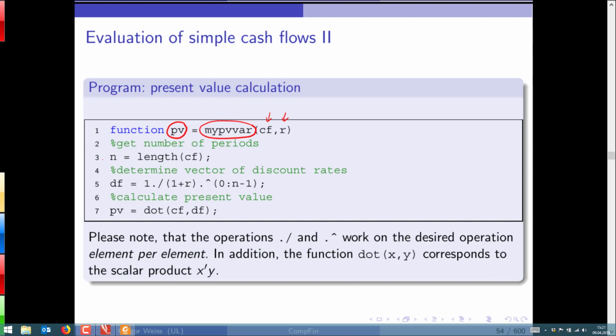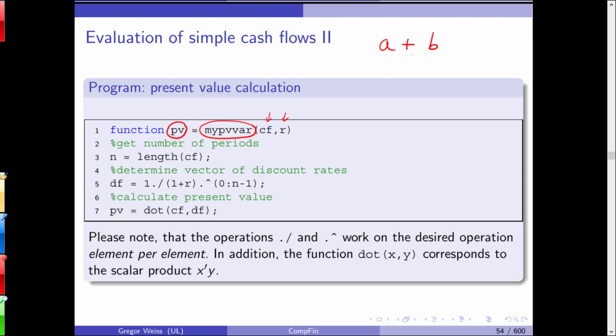First of all, if you were to use a plus b, it's a simple sum of a and b. But it could be that a and b are vectors. And if I were to take a times b, and a and b are vectors, now two things could be done.